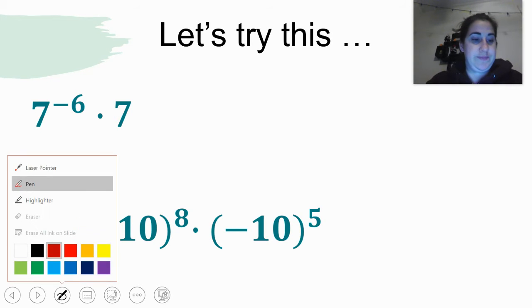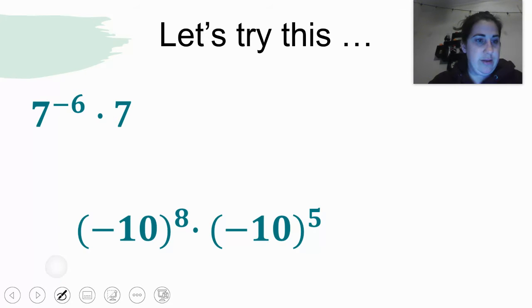Okay, now, right here, I have 7 to the negative 6 times 7. What's going to be there? Well, what's the exponent? Our exponent is actually going to be 1 right here. So how do we get this? So this really means 7, and we have negative 6 plus 1.